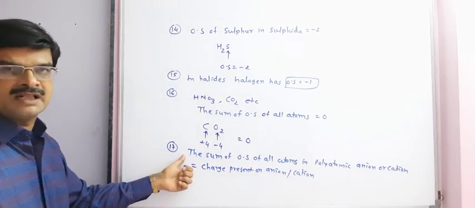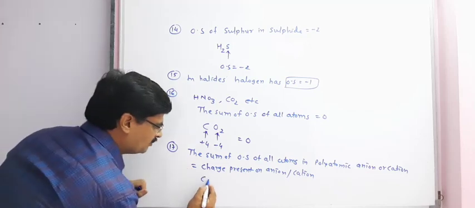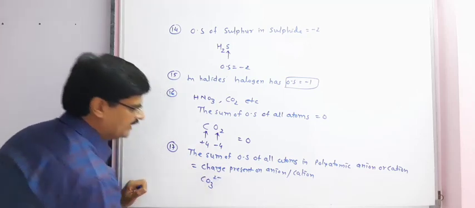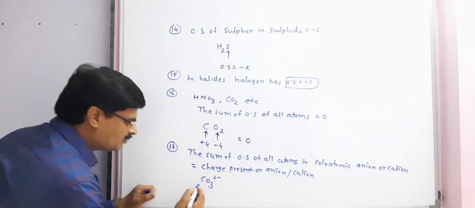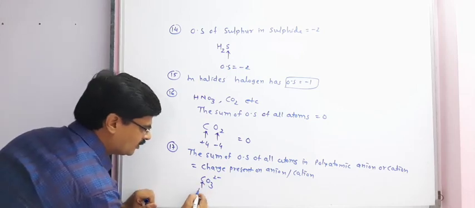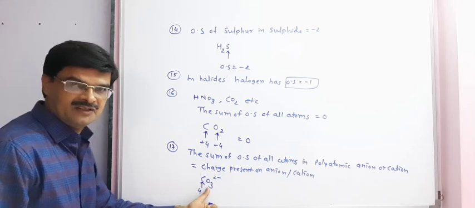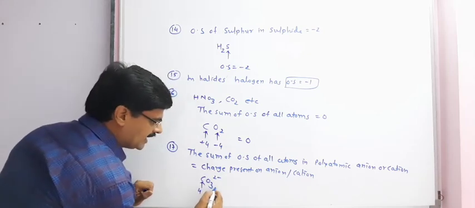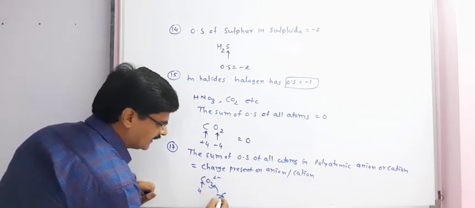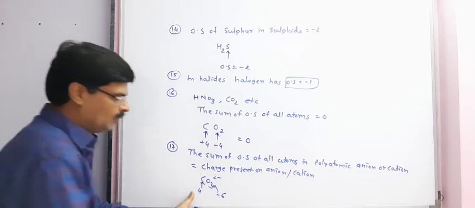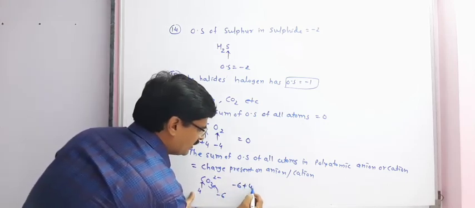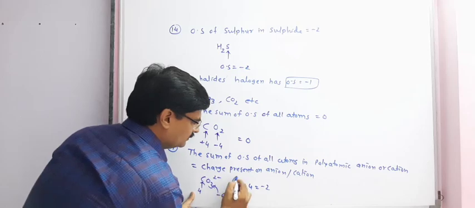This can be understood by taking the example of CO3 2-. Let's take carbon oxidation state as +4 and oxygen as -2. We have 3 oxygen atoms, so it is -6. -6 plus 4 is equal to -2.